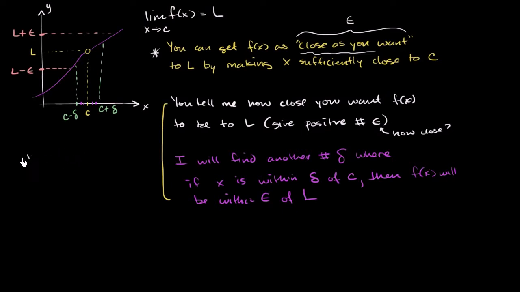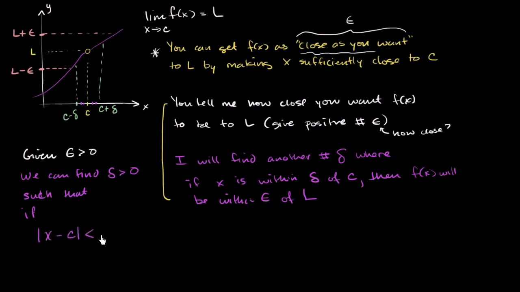Given an epsilon greater than 0, we can find, so that's the first part of the game, a delta greater than 0 such that if x is within delta of c, so what's another way of saying that? Well, the distance between x and c is going to be less than delta.